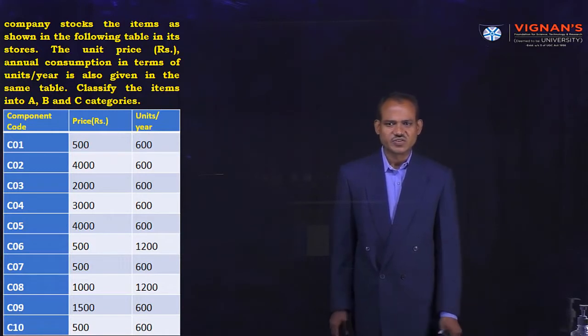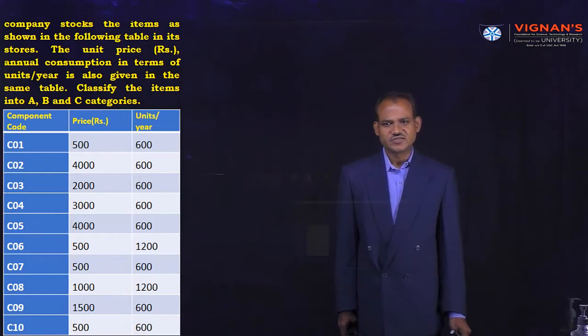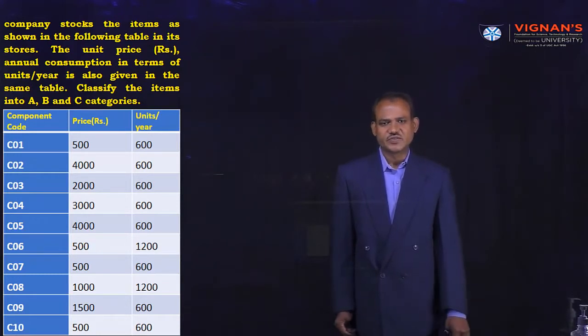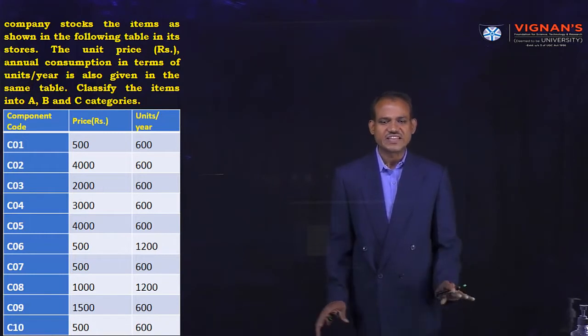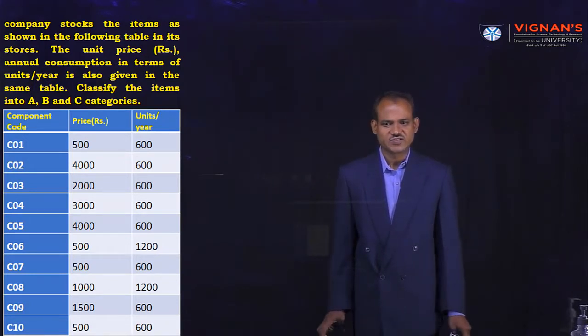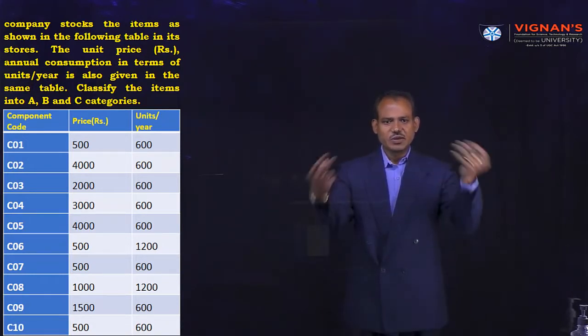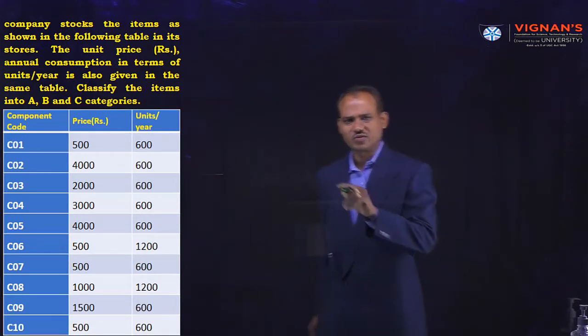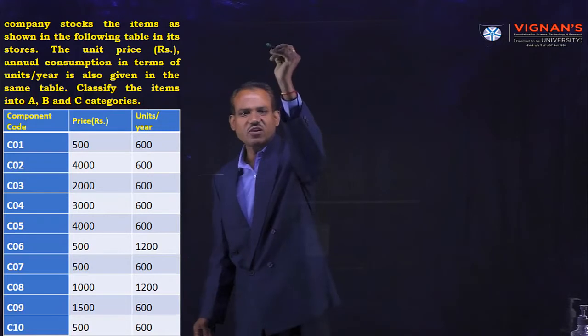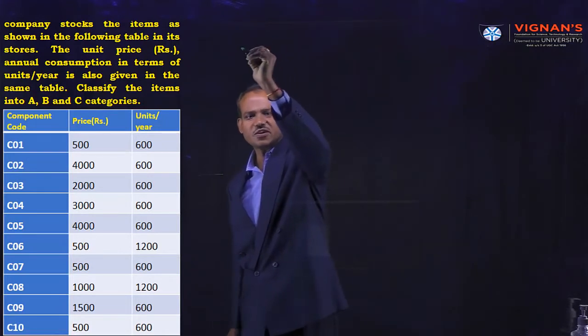How to proceed? What is the first step? First step is calculate annual consumption value for each item. What do you mean by annual consumption? I am going to write on board. First, annual consumption value. That is the important formula.